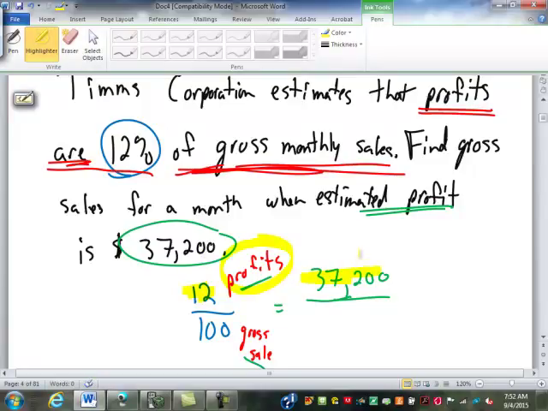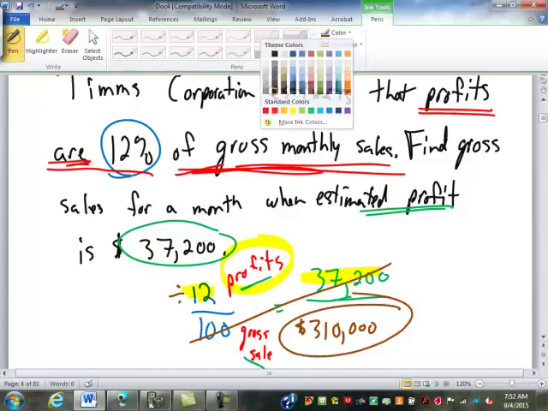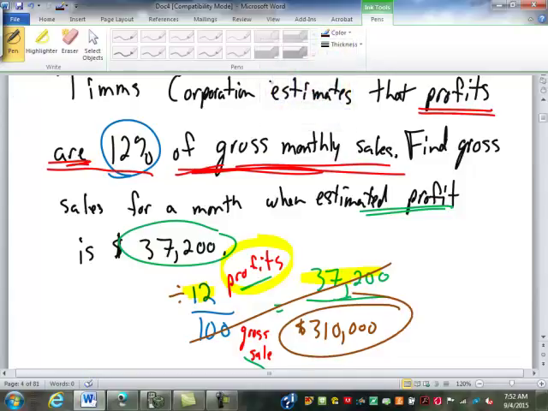They both have to represent profit. So now to find that estimated gross monthly sales, I'm going to cross multiply 100 times 37,200 divided by 12. What do I get? 310,000? Not so bad?